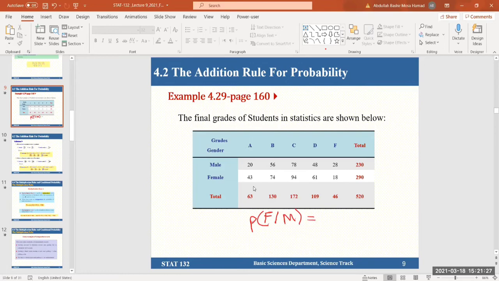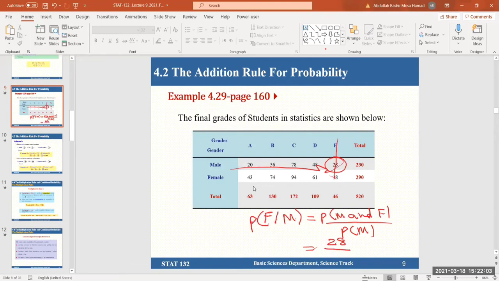We use the same formula. This is P of both, male and F, over P of male. P of male and F is the intersection, male with F. This is 28 over P of male.